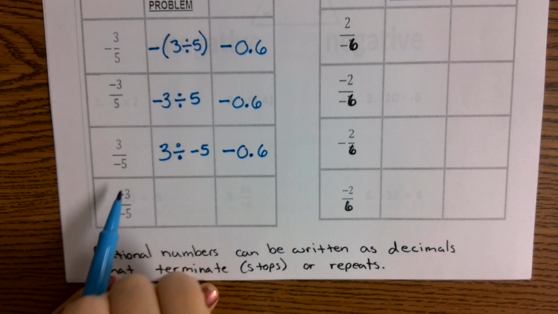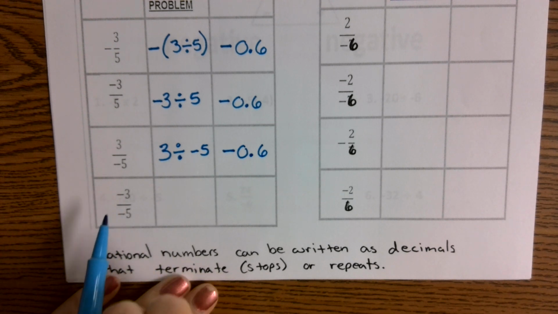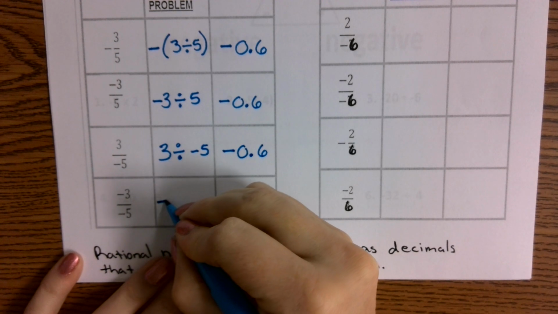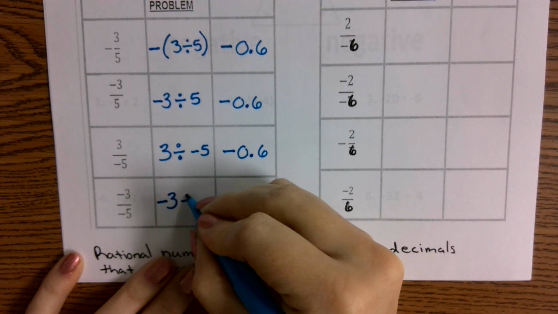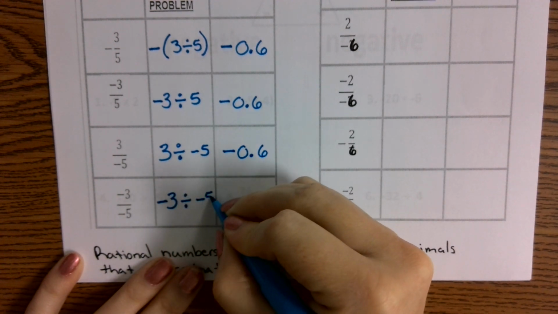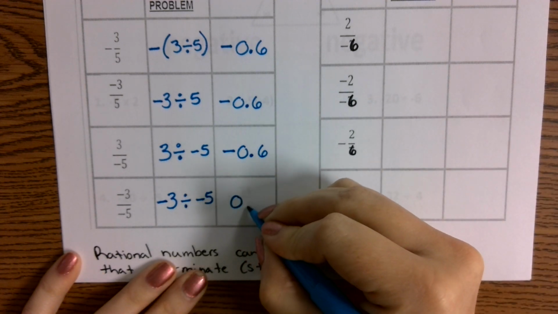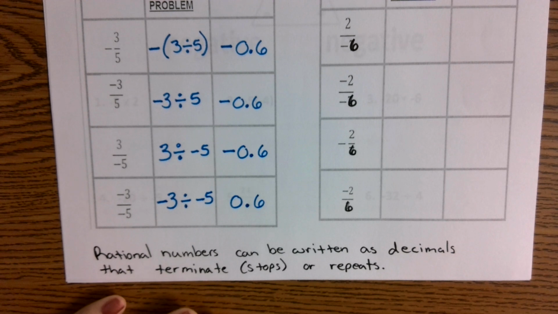And then for our last example, we've got -3 over -5. That means we're going to do -3 divided by -5, and that comes out to a positive 0.6.